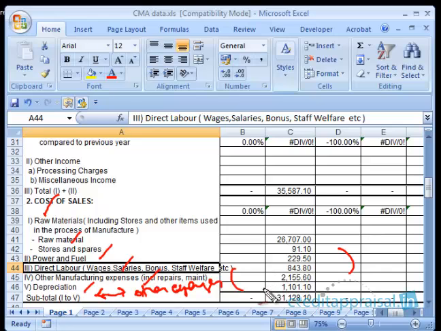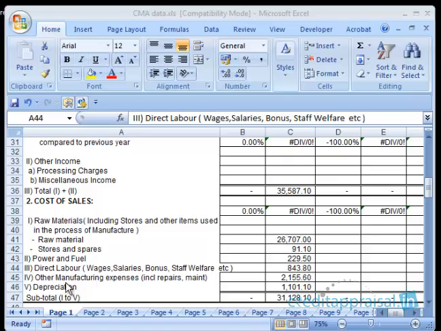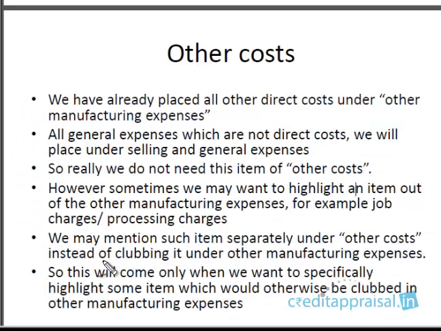For example, this company might be engaged in outsourcing some of its jobs, so they might highlight processing charges separately. So if they want, they'll have an additional row after depreciation. Usually they'll be clubbed under other manufacturing expenses.